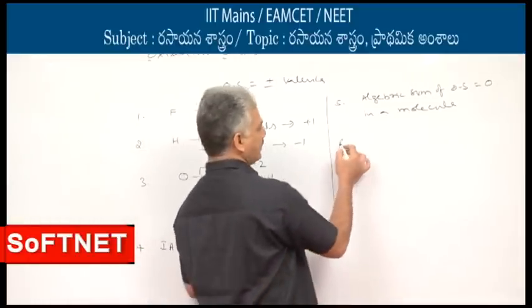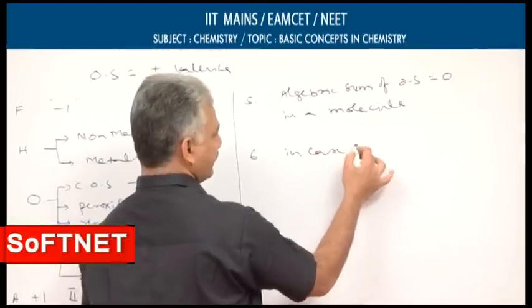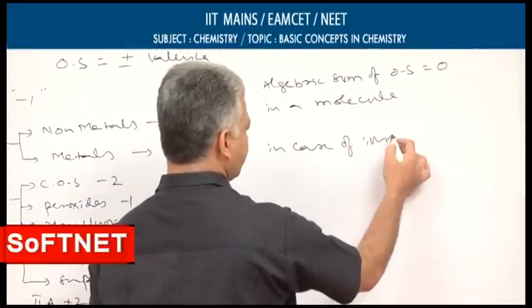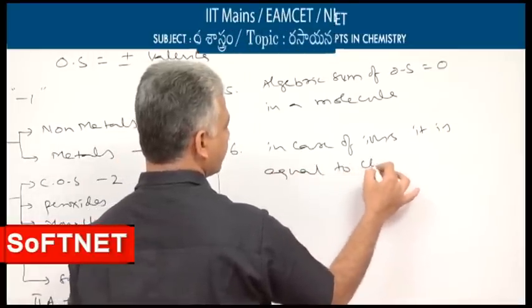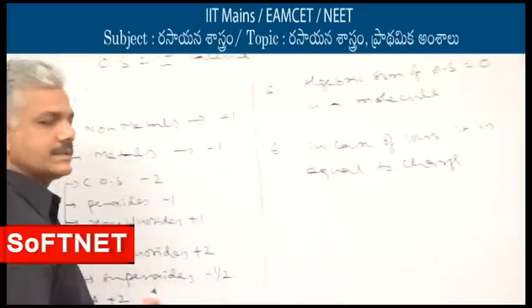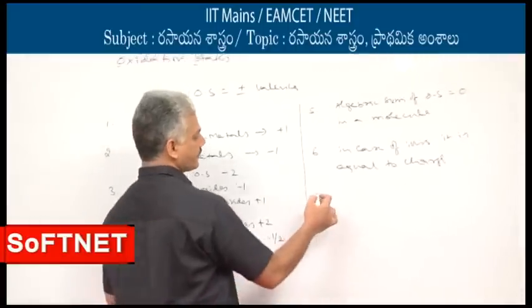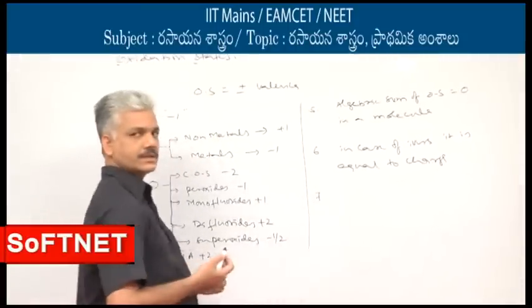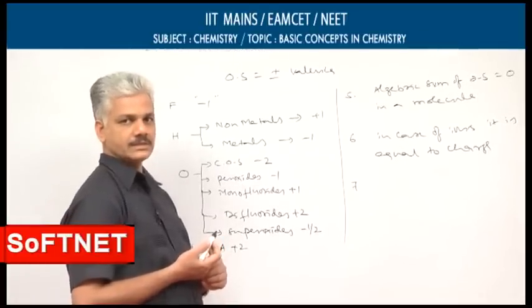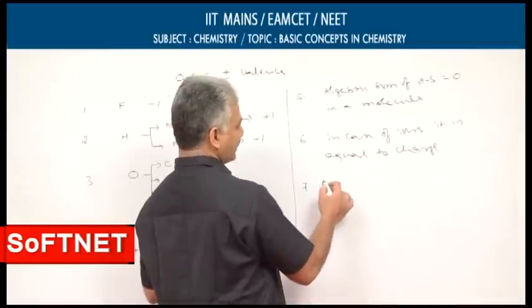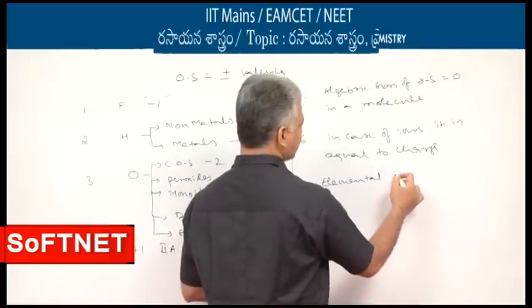If it is a cation, it will be equal to the positive charge, and if it is an anion, it is equal to the negative charge. And the oxidation state of any atom in its elemental form will be taken as 0. Elemental form means the way in which it is available in nature.